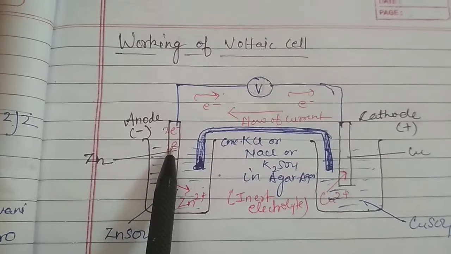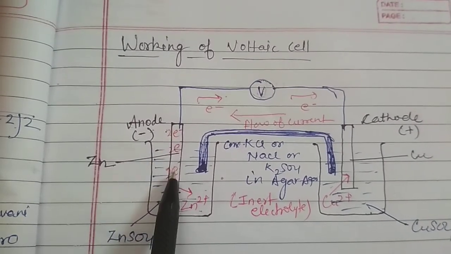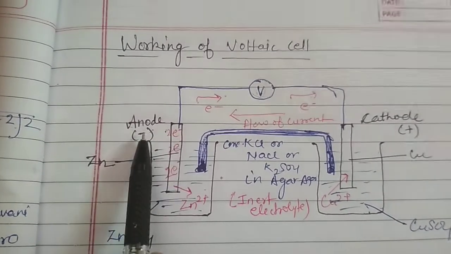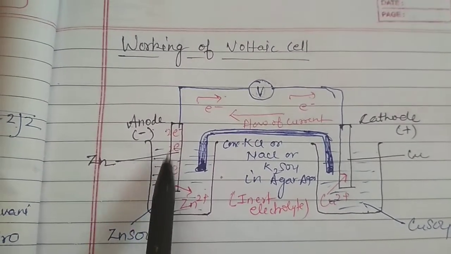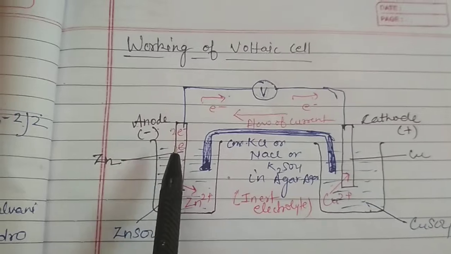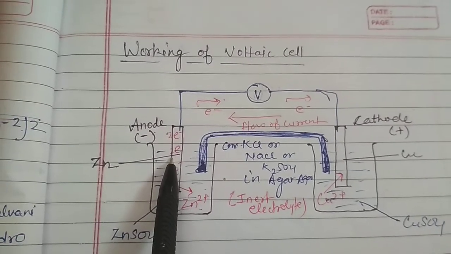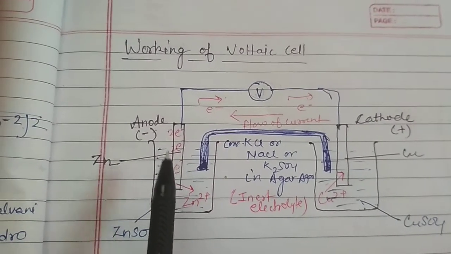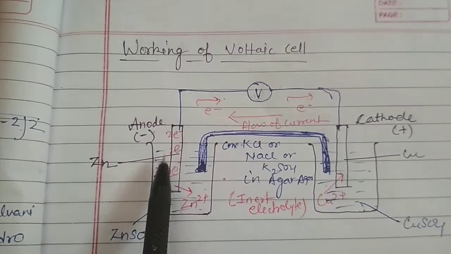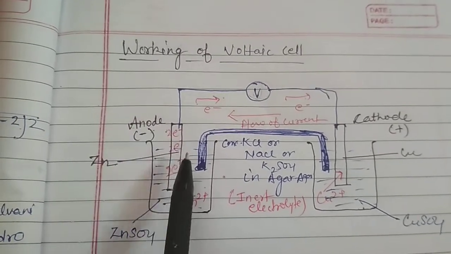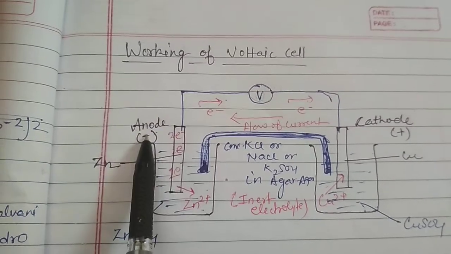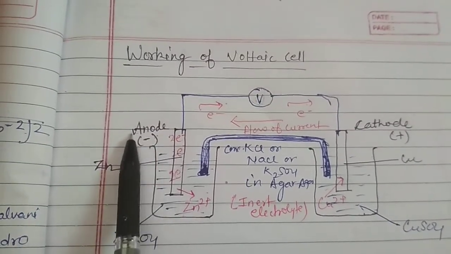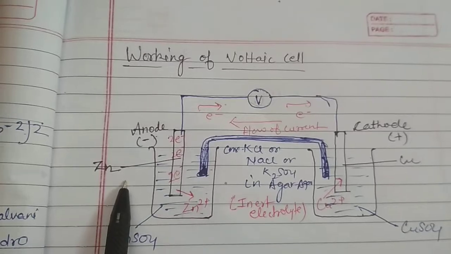As it is getting the number of electrons, the rod would be negatively charged, and as the oxidation process is taking place here, in the starting of the chapter I told you that oxidation always takes place at anode. So the negatively charged rod would work like an anode.